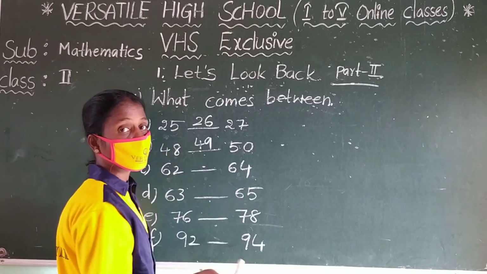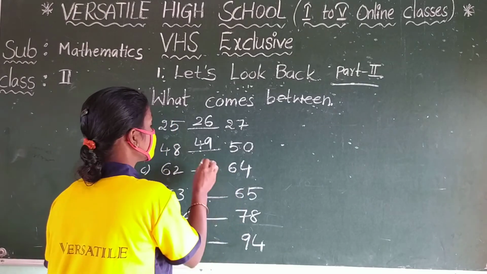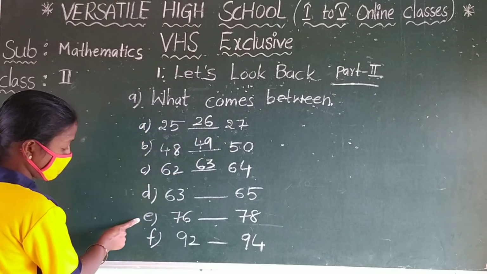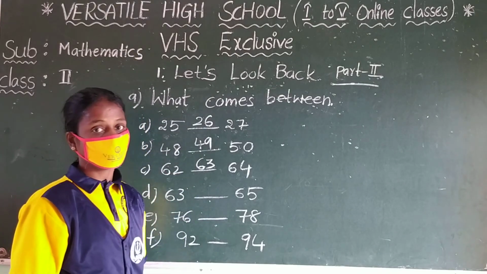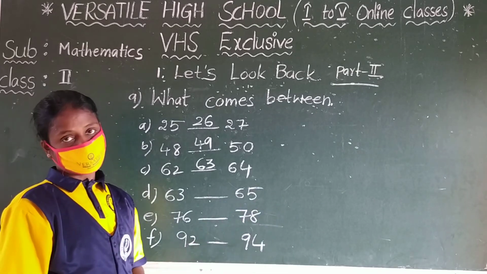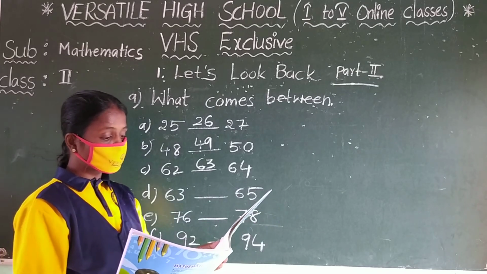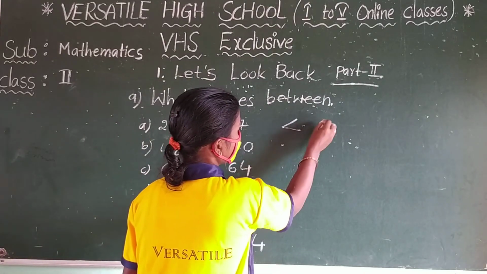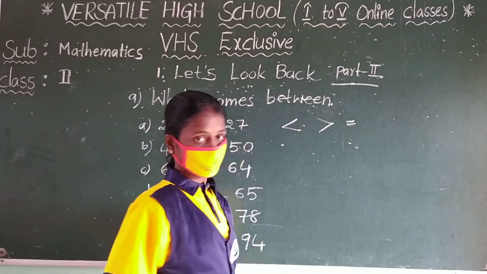Between number is 63. So remaining D, E, F for homework. Do it in your textbook page number 6.